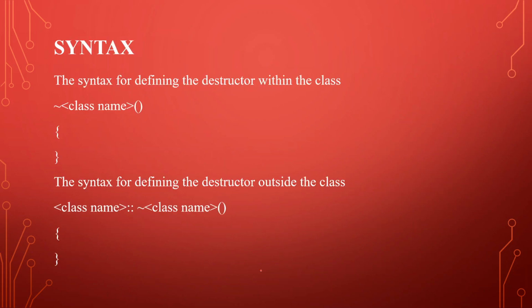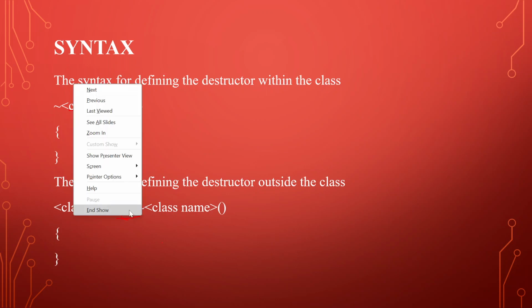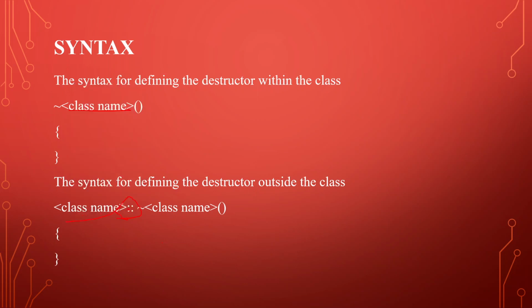So this is the syntax of the destructor, where the tilde symbol is followed by the class name and open and close parenthesis, where we will not have any argument. We should not pass any argument in the destructor. This destructor function can also be within the class or outside the class. If it is outside the class, I need to give the scope resolution operator along with the class name. So this is the syntax for destructor.